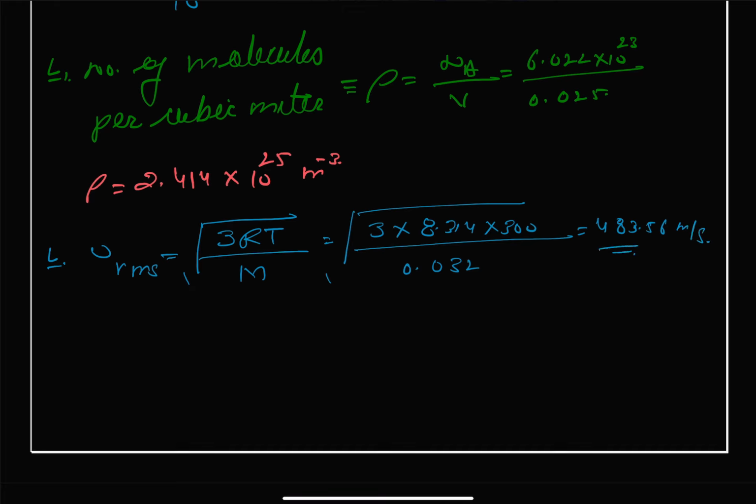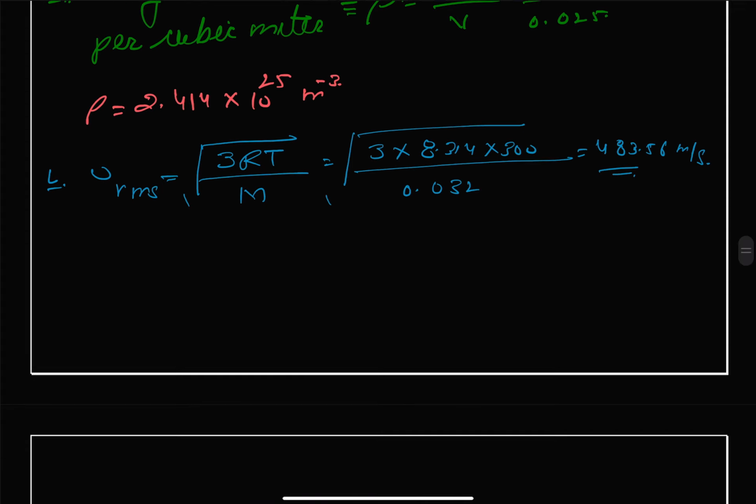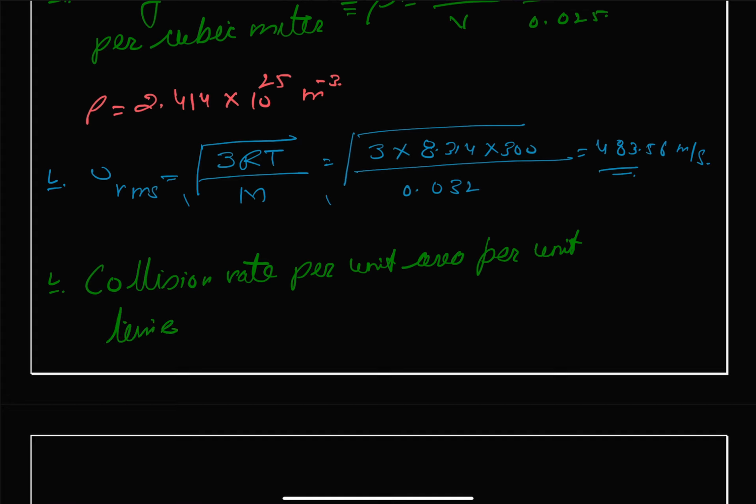Now we can find out the collision rate per unit area per unit time, and suppose that is given as Z. So Z will be equal to 1/4 rho times VRMS.